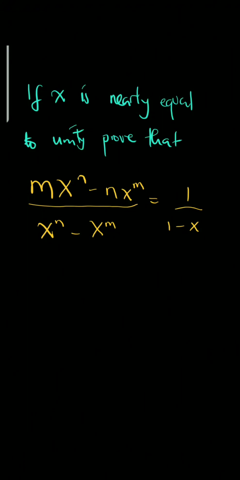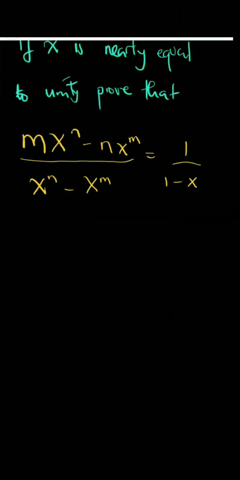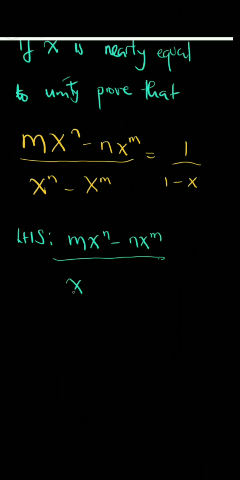Okay, so we now get started. To solve this, we will consider working the left hand side, which is (mx^n - nx^m) / (x^n - x^m). So we're going to let x be greater than 1, and also we'll let x be equal to 1 plus h.